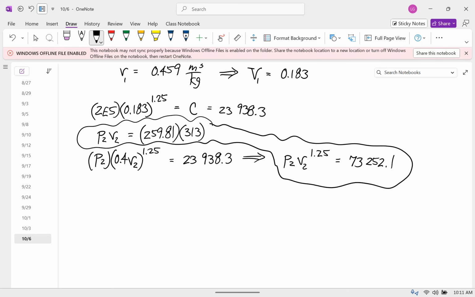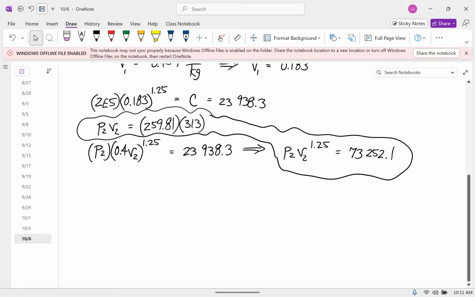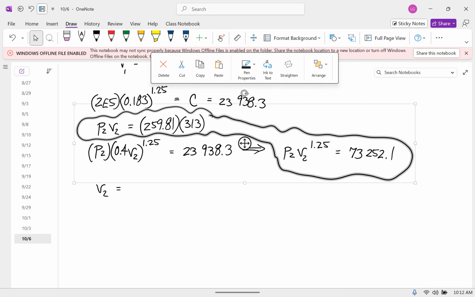But we can go, let's see, how do we want to do this? So let's say V2 is equal to, I'm going to multiply that top equation out, 259.81 times 313.